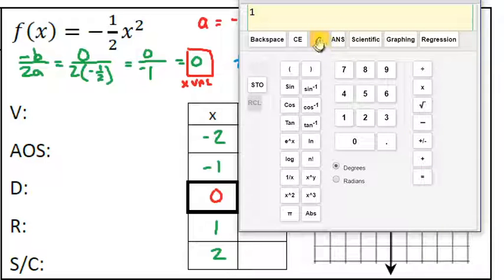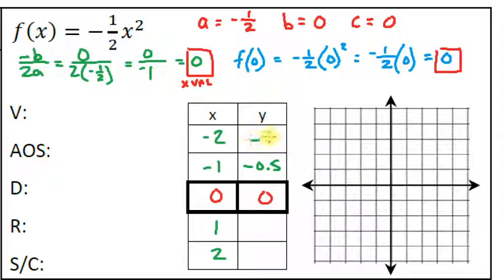Let's try that again. So negative 1 divided by 2. Okay, and then we're going to multiply that. Oh, I forgot to square. That's why. Parentheses, negative 2, parentheses, square it, press equal. There we go. Negative 2 is our answer.